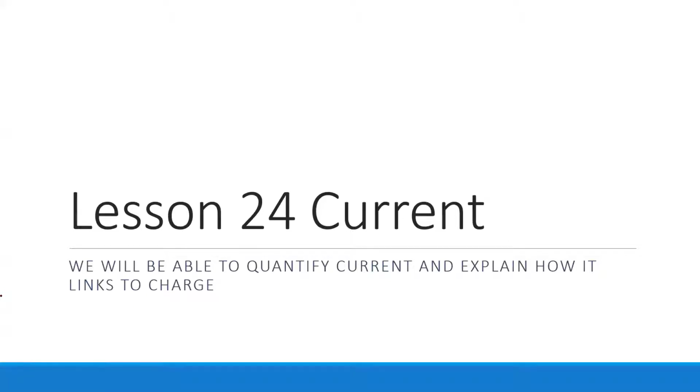Lesson 24. We will be able to quantify current and explain how it links to charge. This is a continuation of what we've been discussing the past couple of days. What we've been talking about is essentially this idea here, charge.